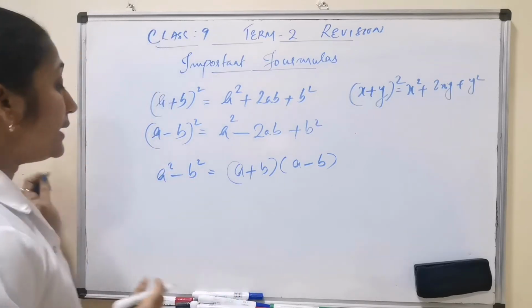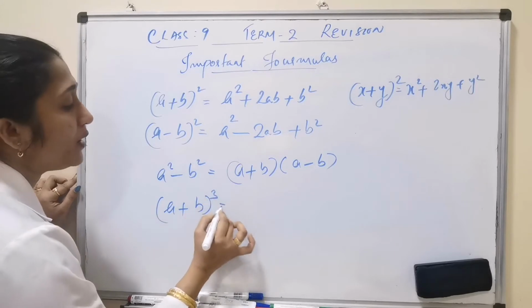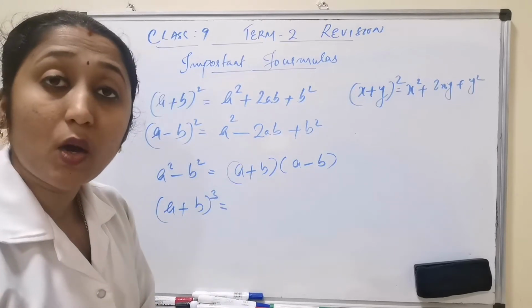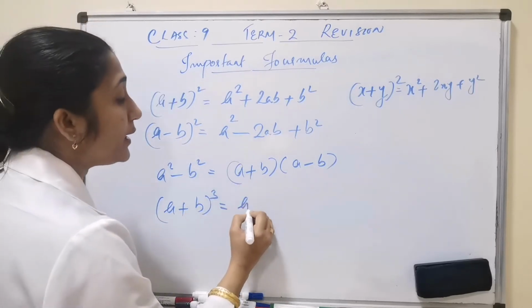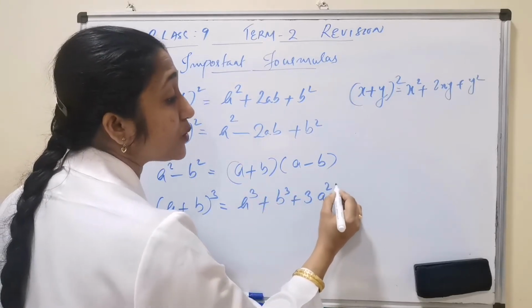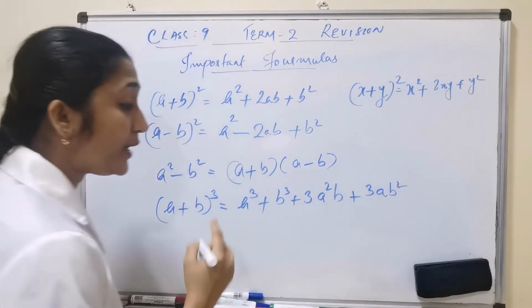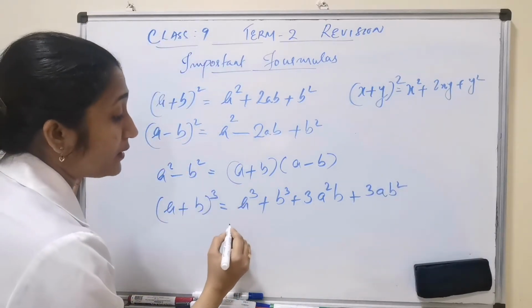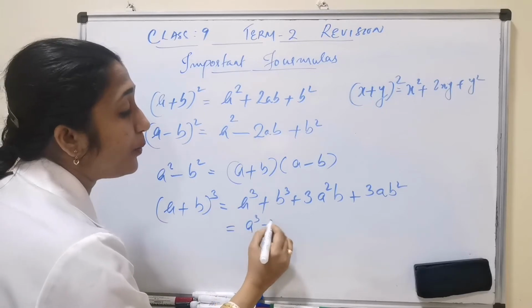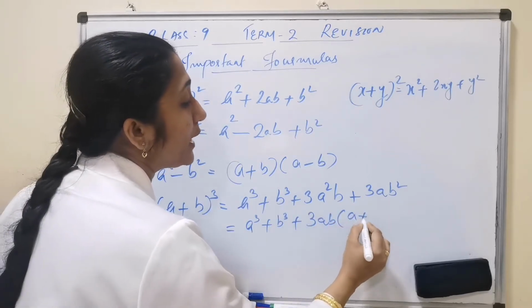Then the next one, a plus b the whole cube. That is very important. It is a cube plus b cube plus 3a square b plus 3ab square. We can rewrite it in another way as a cube plus b cube plus 3ab into a plus b.